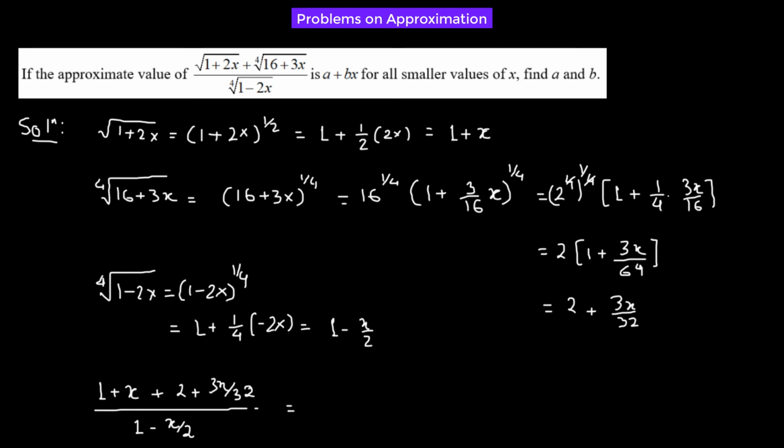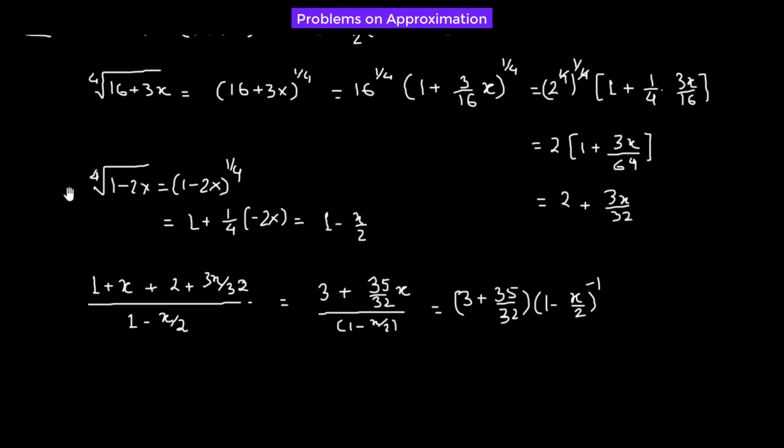So this will be equal to 3 plus, so x plus thrice x over 32 will give us 35 over 32, 35 over 32 times x divided by 1 minus x over 2, which will be equal to 3 plus 35 over 32 times x times 1 minus x over 2 raised to the power of negative 1.